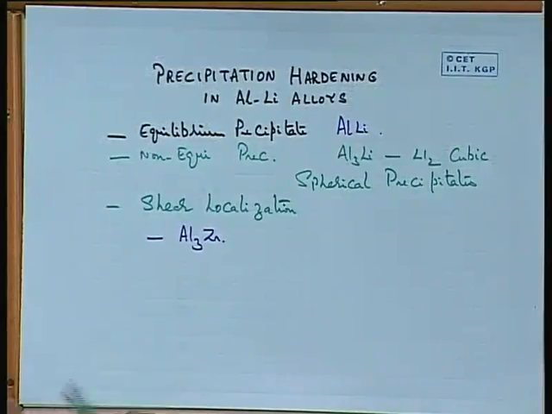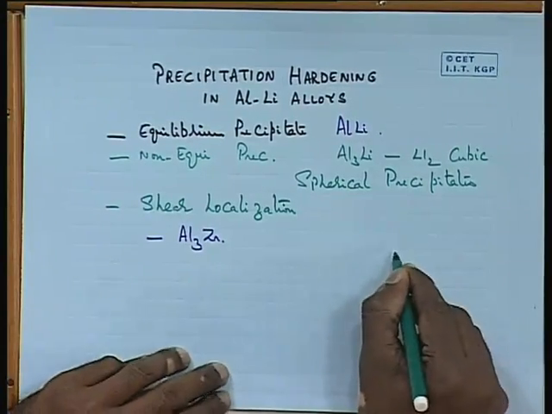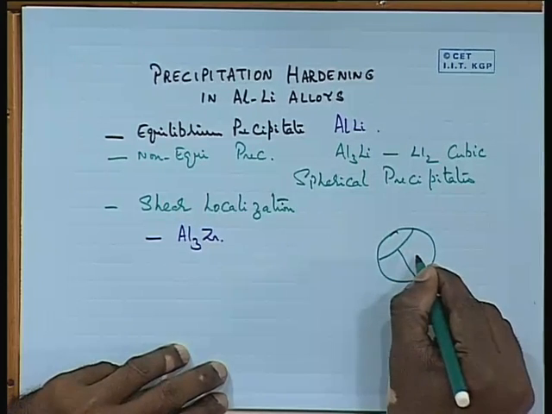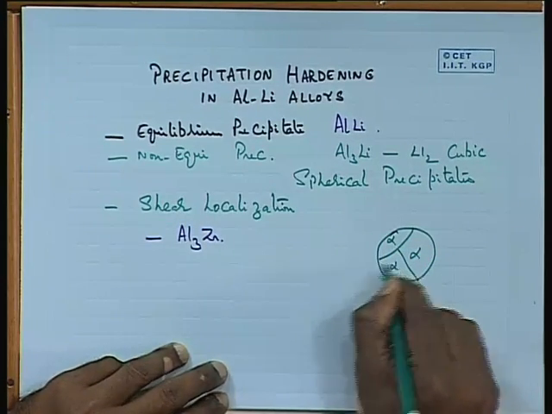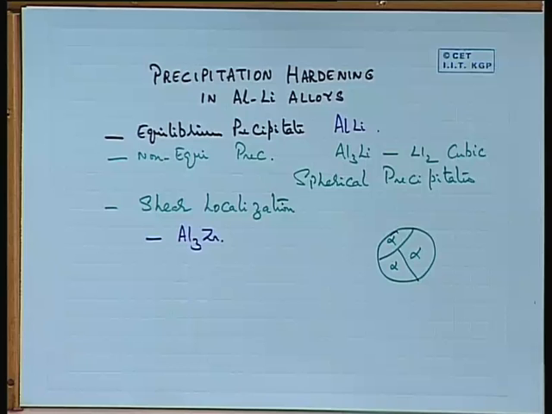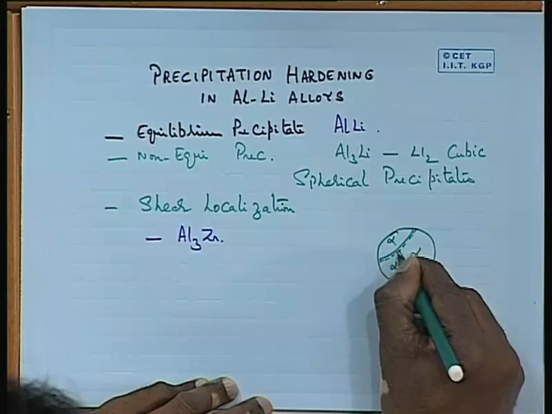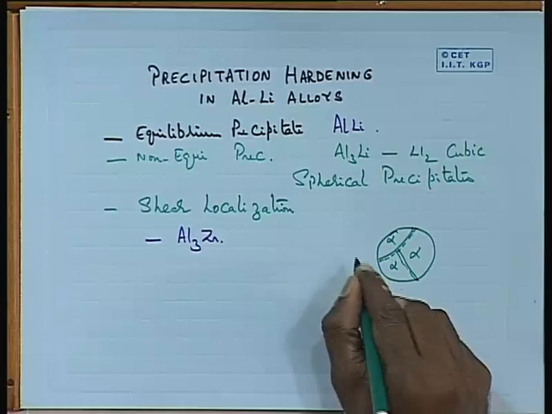In such an alloy, if you cool it under normal conventional cooling conditions, you will get AlLi at the grain boundaries. In the solutionized condition you have, let us say, all alpha, and if you start cooling it slowly, you will have the phase of AlLi coming out at the grain boundary.